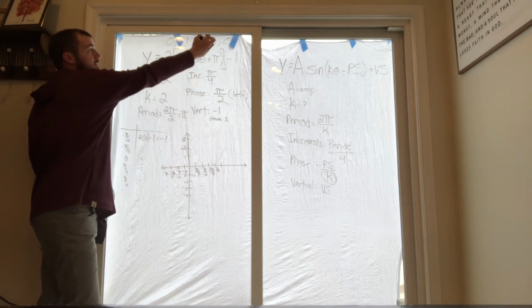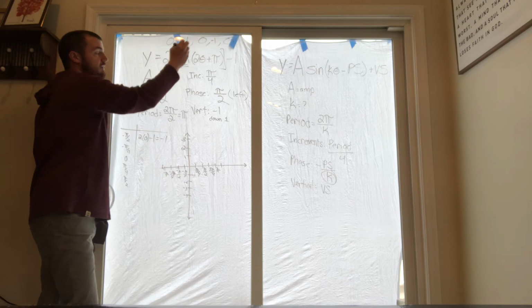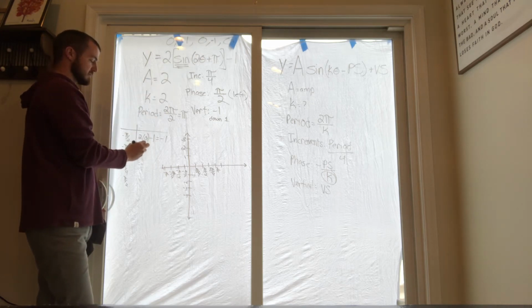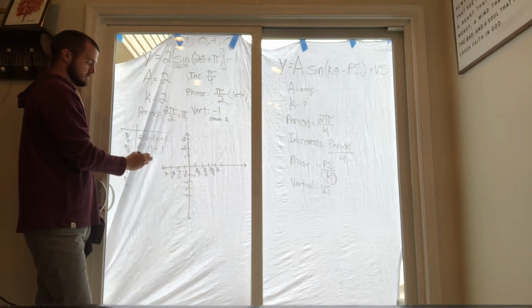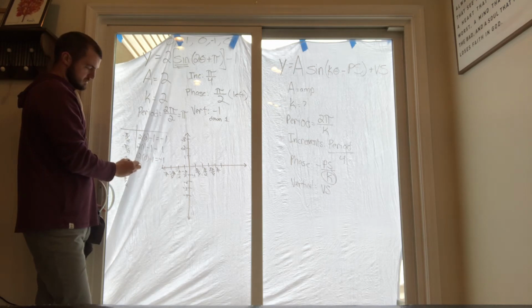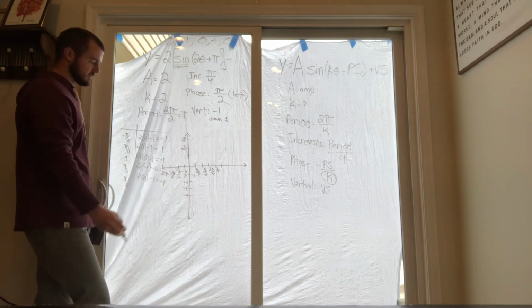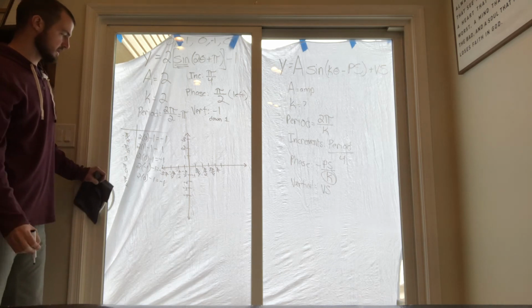I screwed up again. Okay, 2 times 1 minus 1 is 1. 2 times 0 minus 1 is negative 1. We got a negative 3, and a negative 1. And then you graph.